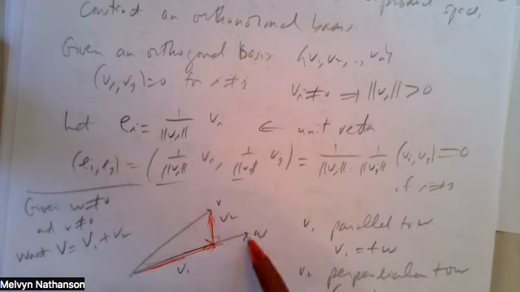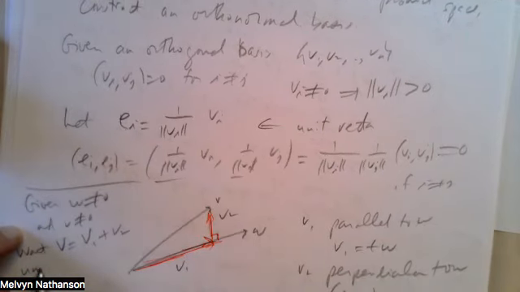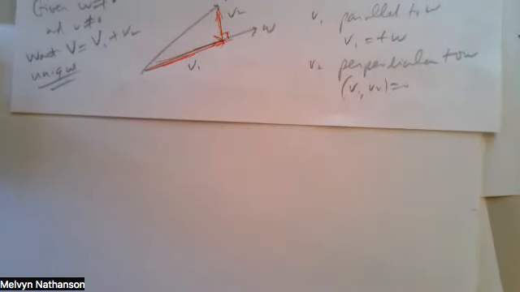Given a vector W and a vector V, I want to decompose V into a sum of two vectors, one parallel to W and one perpendicular to W. And I claim this can be done, and the solution is in fact unique. There's only one way to do it. So let me draw this picture again. Well, there's the picture.